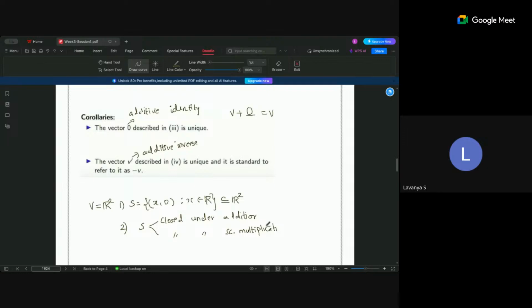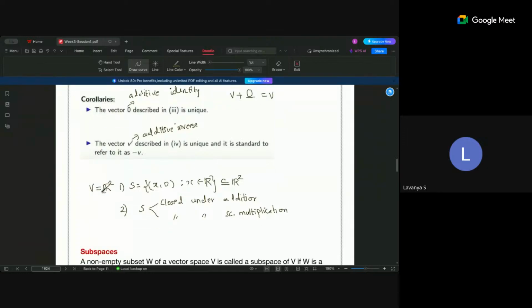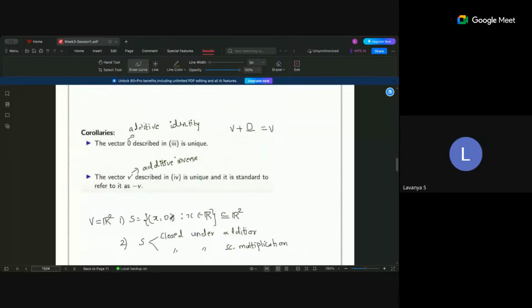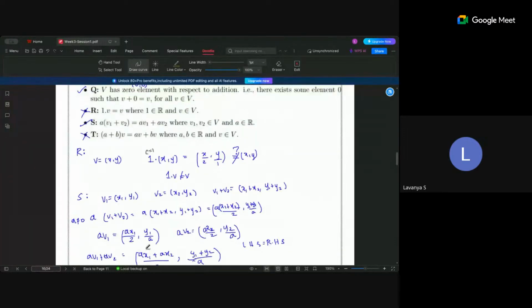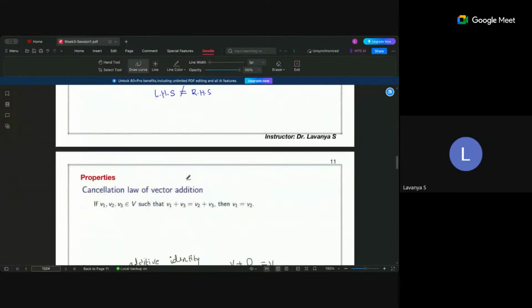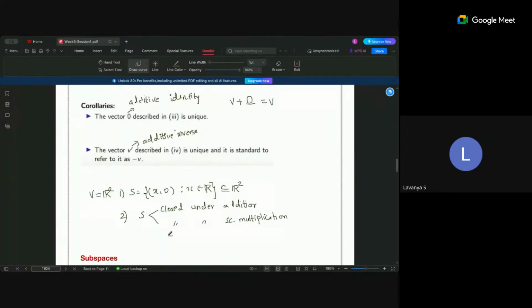Whatever addition and scalar multiplication is defined for your original space V, the same operations you should verify for your subset also. Then only can you consider it a subspace of this space. Suppose I'm considering the usual addition and scalar multiplication for V, then for S also I should consider the usual ones. I cannot use something different.